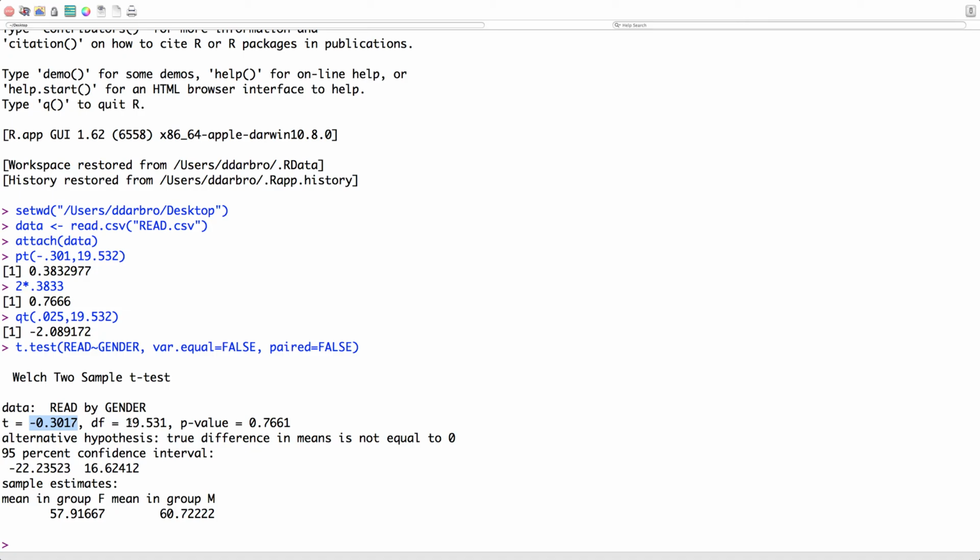Not a big deal. Degrees of freedom are the same. Your p-value is the same. Again, this shows that we tested not equal to. But guys, notice that your 95% confidence interval is switched. Nevertheless, same thing applies, that we have a form of negative to positive.